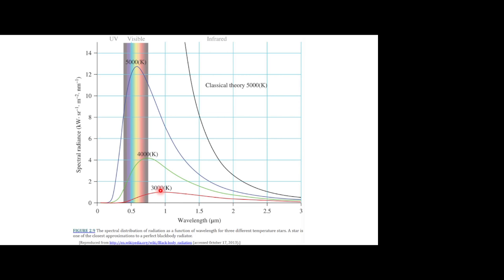When we get hotter, younger stars, that's going to be more in the visible light region, and so we start getting colors that are more like orange and red. And when we start getting hotter stars, like a 5,000 Kelvin star, it's yellow.